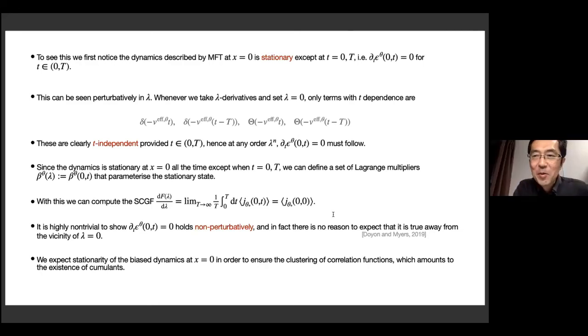Sorry, Takato. May I make a comment here? Yeah, sure. So for TASEP, there have been several large deviation results, as you know. For the periodic ring, as I said, there is a paper by Derrida, Lebowitz, and so on. But for the moment, what we are considering is basically the infinite case, right? In Derrida's case, they consider first the large T limit and then the large L limit, but this is not what we are thinking now. In our case, for the moment, we are thinking of the infinite line and considering large deviations.